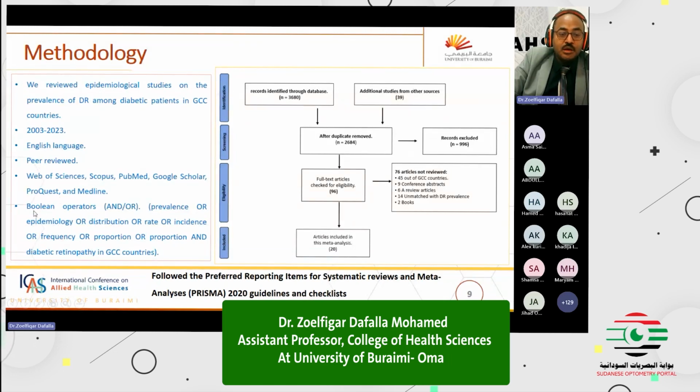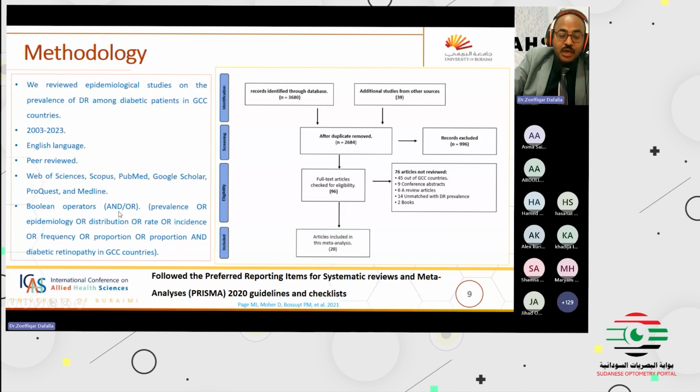Also, we used Boolean operators, and, or, to search prevalence, epidemiology, distribution, rate, because sometimes the title will not mention prevalence, sometimes epidemiology, sometimes distribution. Sometimes we use epidemiology, and we use it country by country, because the study comes under the name of the country.